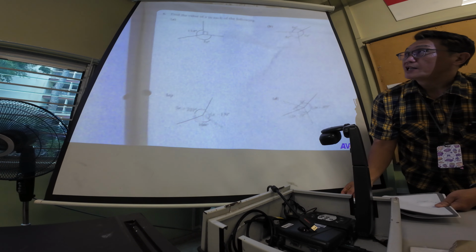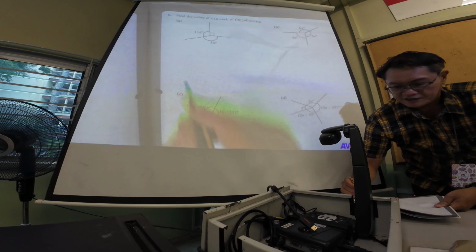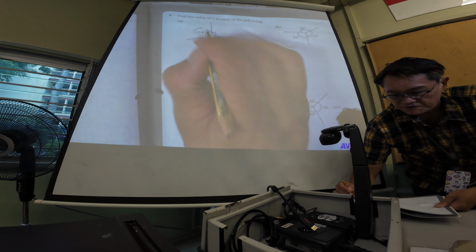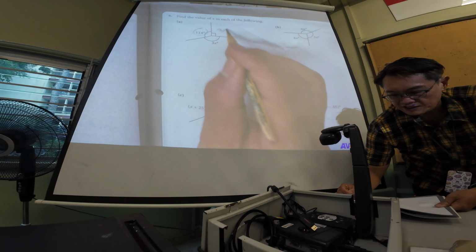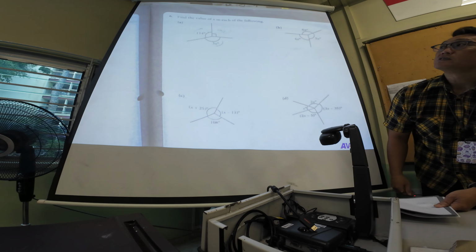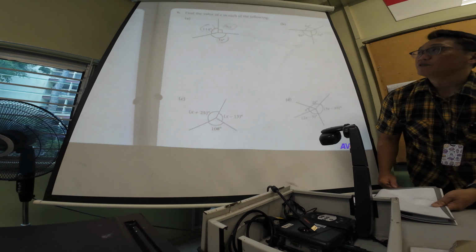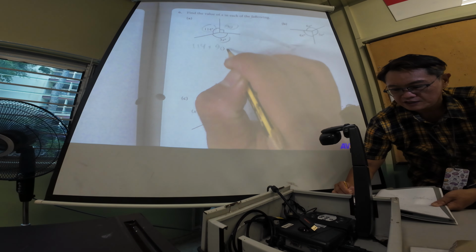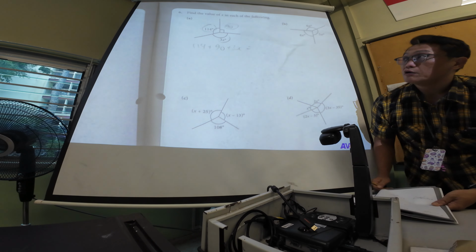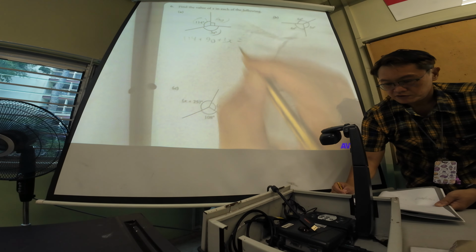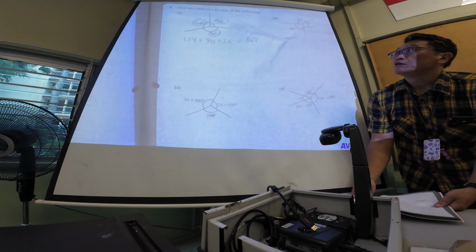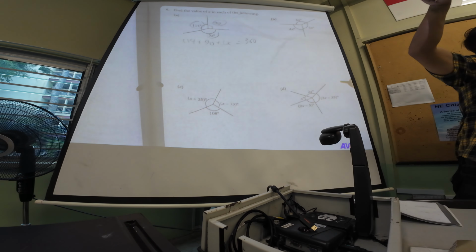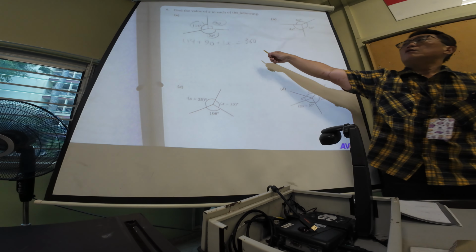For example, part A, there are 3 angles. One angle is 114, one angle is 90, one angle is 3x. If we add up these 3 angles, 114 plus 90 plus 3x, we will have 360 because they form one whole round.